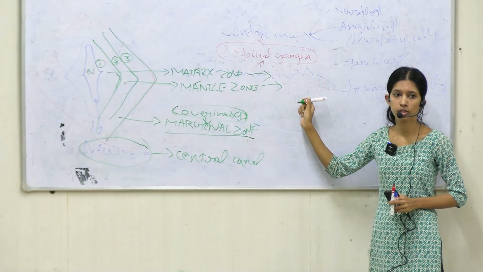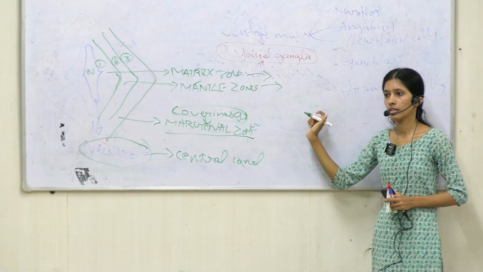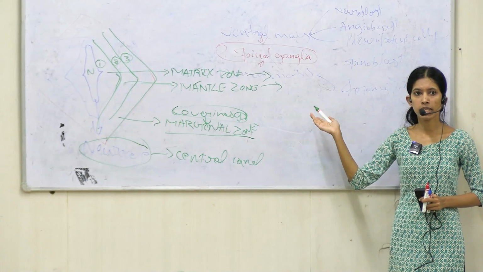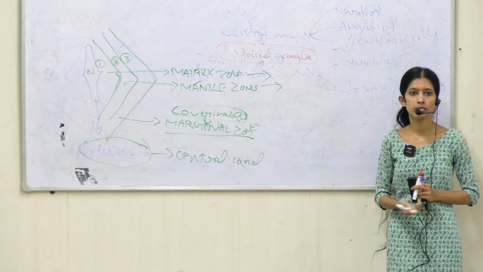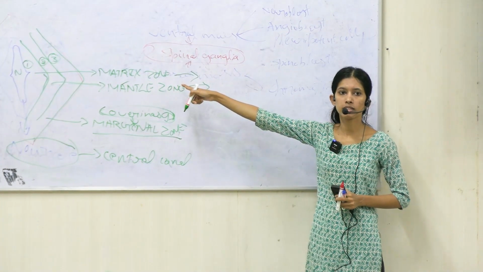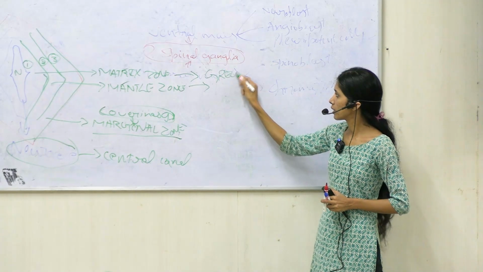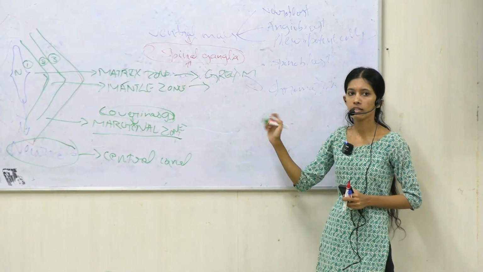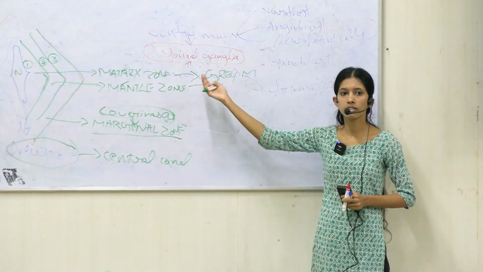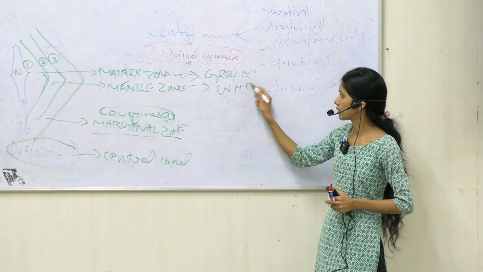Whatever you remember, you can answer. Grey matter is present on the inner part. Okay, so the matrix zone is the innermost one. It will develop into grey matter, right? And the mantle is the middle zone, so it will develop into white matter.